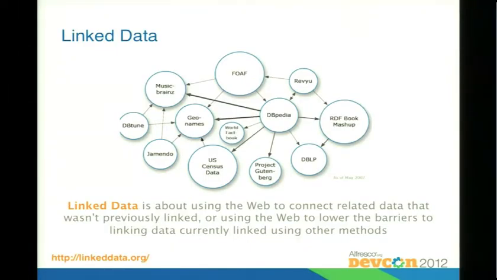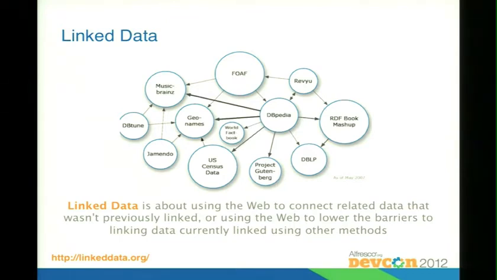So a few years ago, some companies or websites decided to open their data. So they started to use semantic web standards to provide that information to anyone who wants to use it. So here we've got a few of them in 2007.